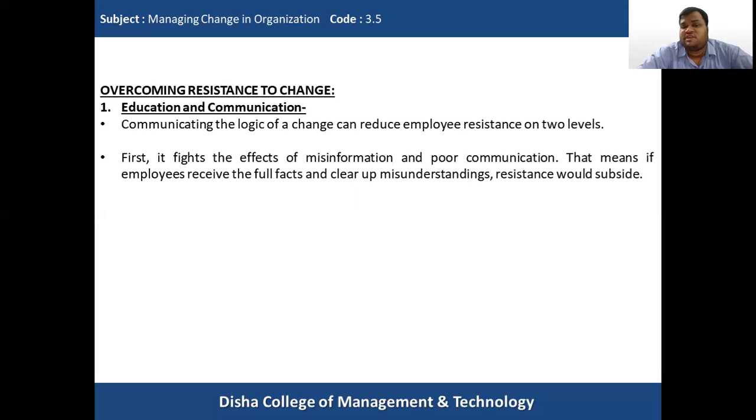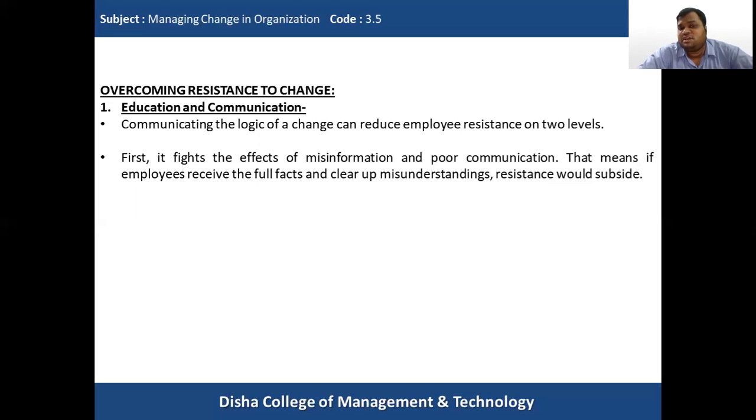Whenever a change is going to be initiated in the organization, a lot of rumors are spread, a lot of misinformation is spread regarding the change process, and there is poor communication.